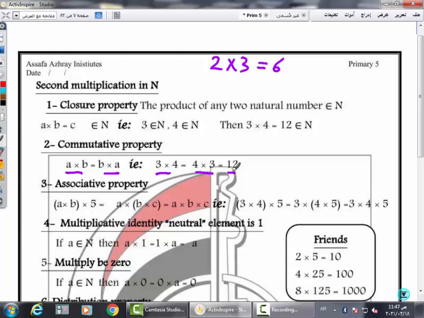A times B between brackets times C equals A times open brackets B times C equals A times B times C. Okay?